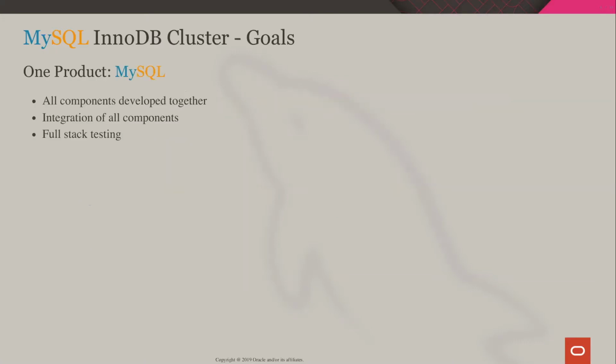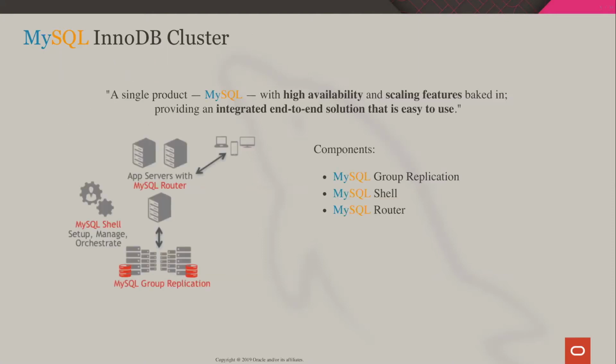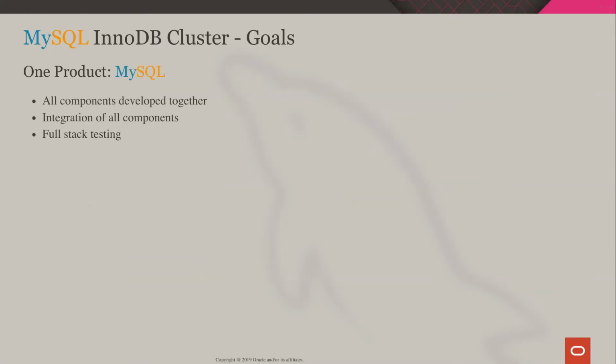So what is the goal? With this one product, we have various different components, as we see here, and they're all developed by different teams and installed on different servers. By combining this, we're developing all of these components together.